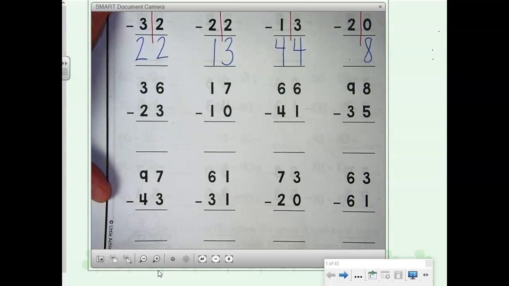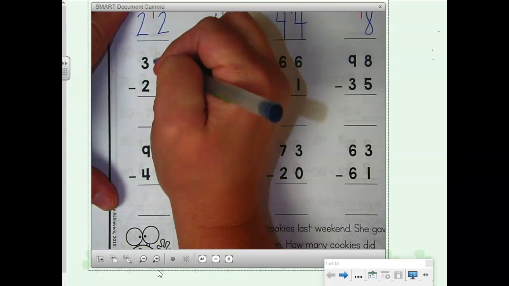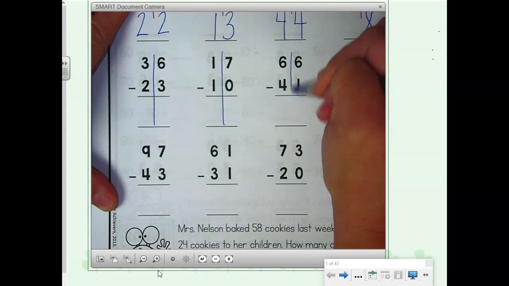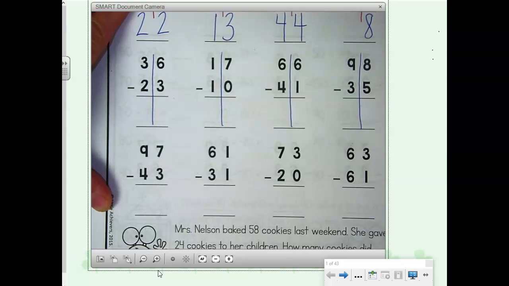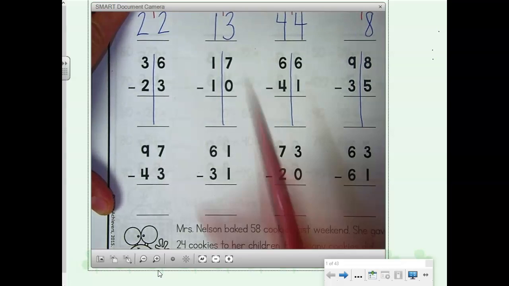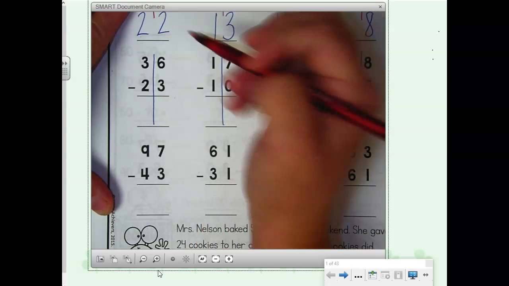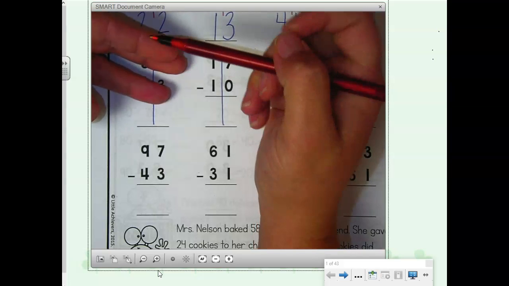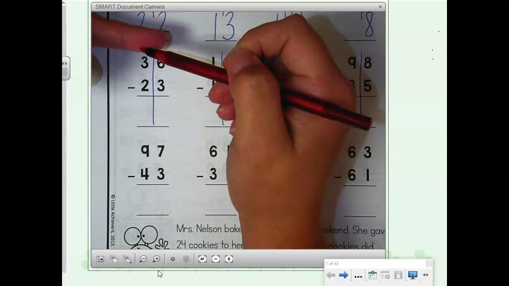All right, second row. I'm going to divide my 10s from my 1s. All right, 36 minus 23. 6 minus 3. 6 in your head. 5, 4, 3.